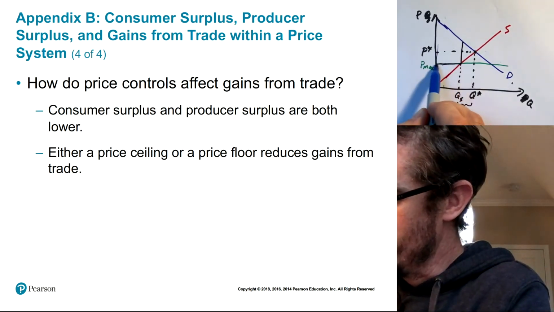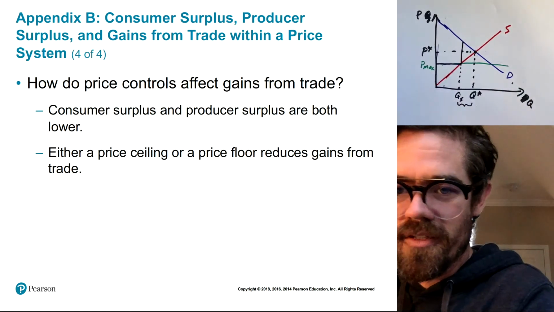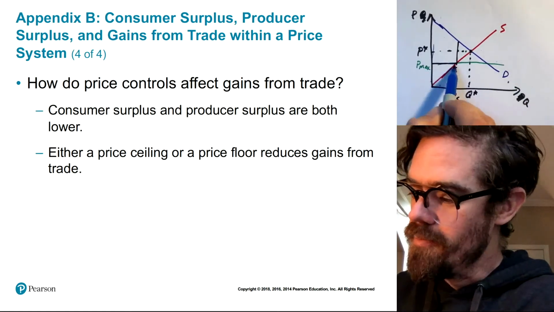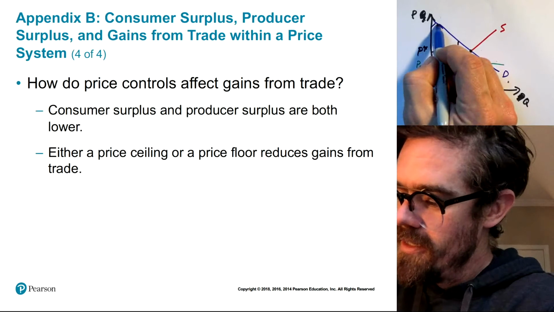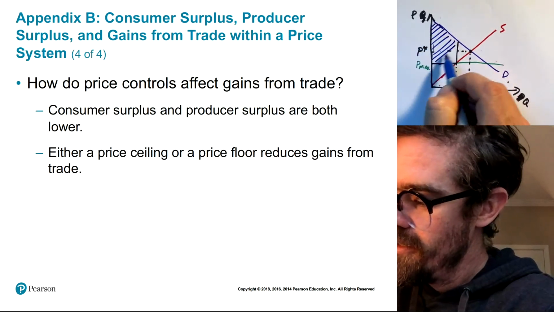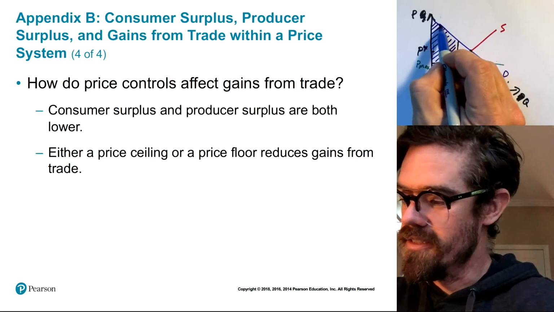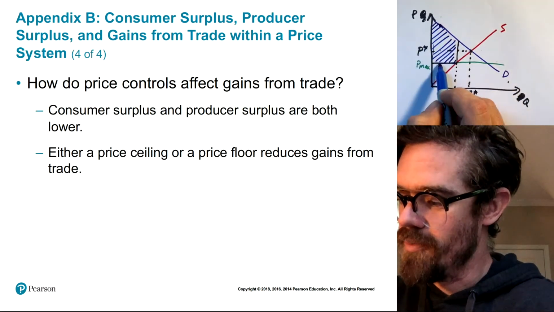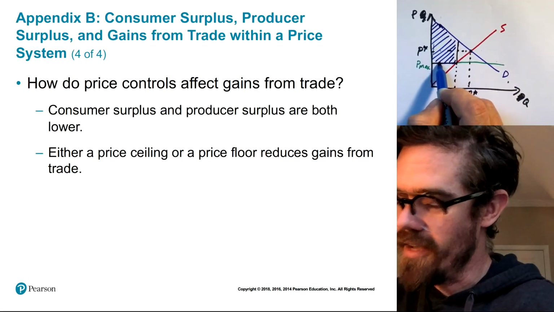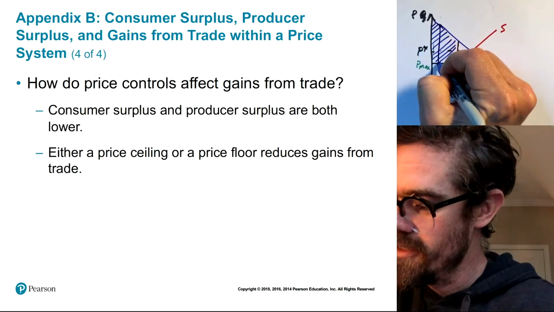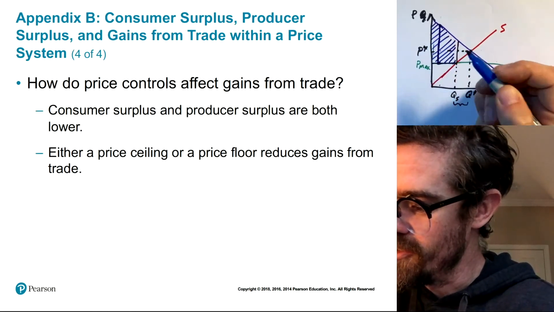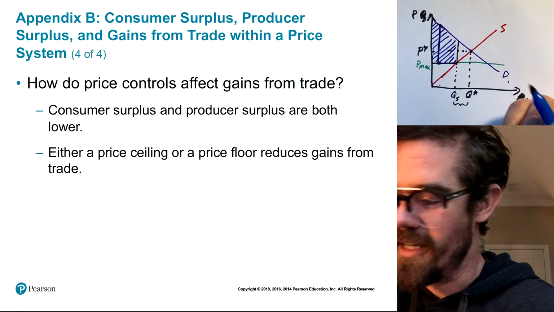So since this is the price, now we're going to assume that there's no black market, but since this is the price, this area here would be consumer surplus, right? Because it's the difference between a person's willingness to buy and the price they have to pay. So here's this height here, it would be consumer surplus for one consumer at that unit.